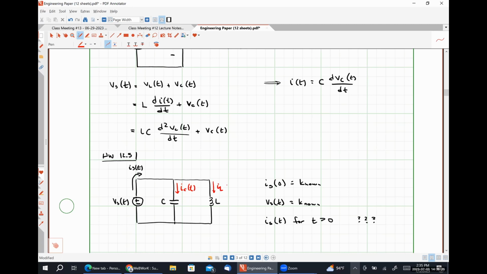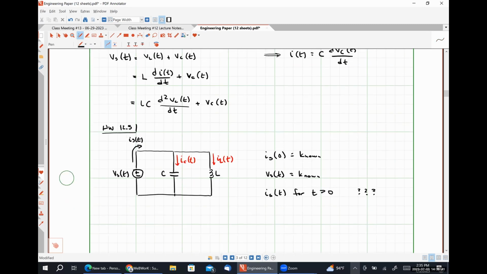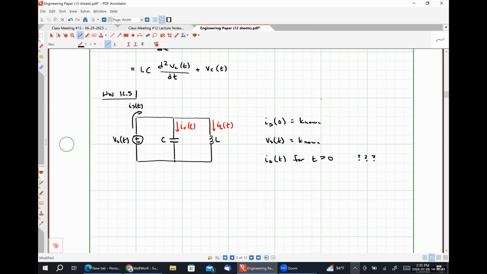And I'm going to express my inductor current IL of T as the current flowing down, so that I can say IS will be equal to IC plus IL.